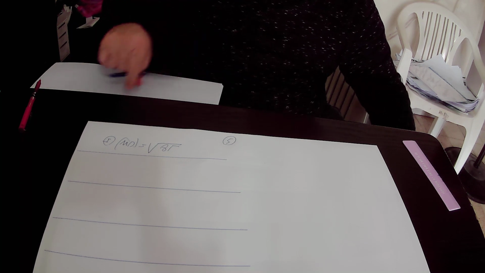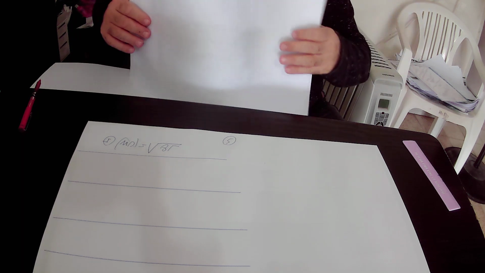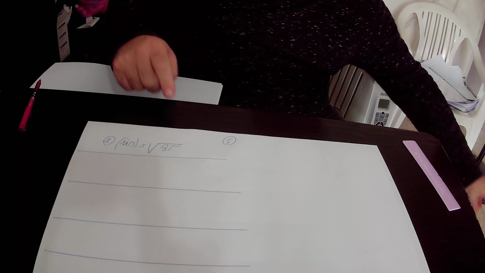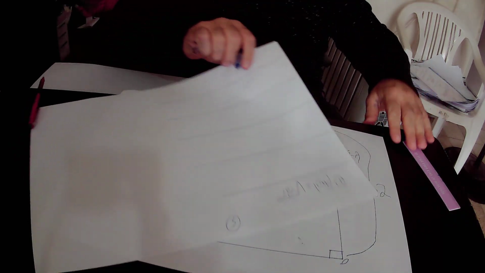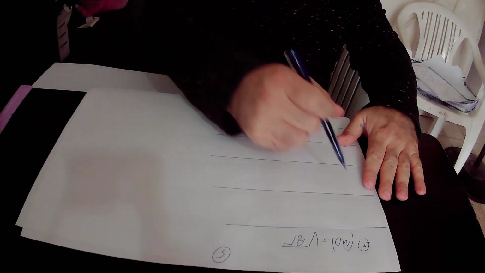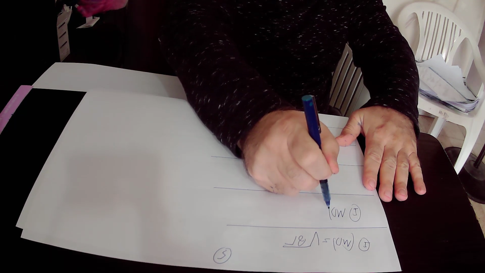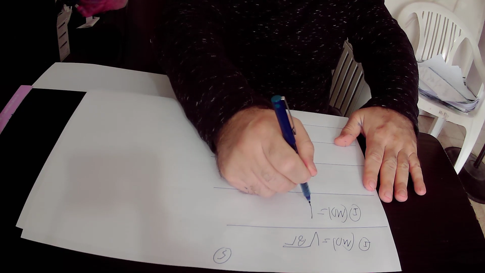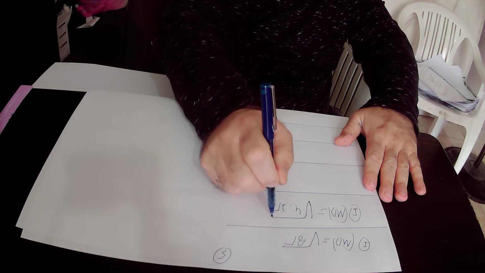So here we know that 8 is 4 times 2, so we will substitute 8 by 4 times 2, and we will get that according to equation number 1, MD equals the square root of 4 times 2 times r.